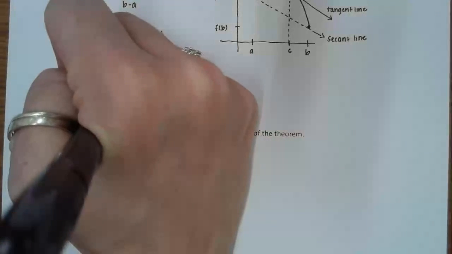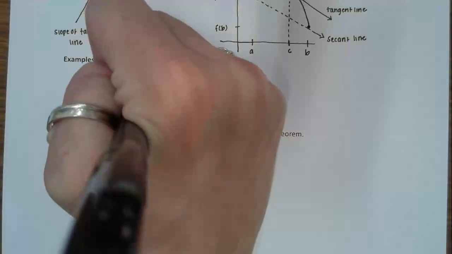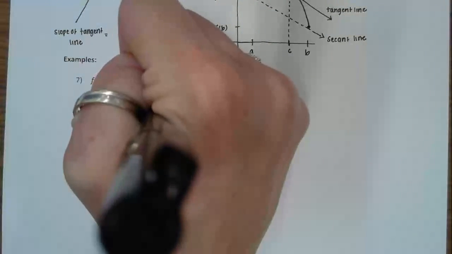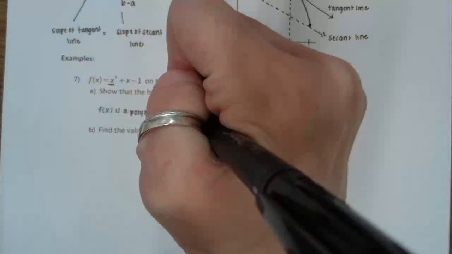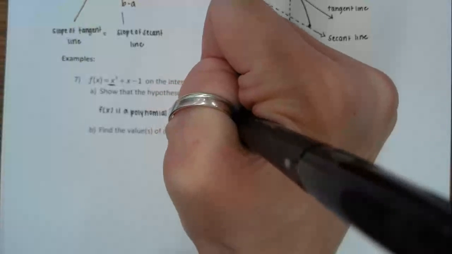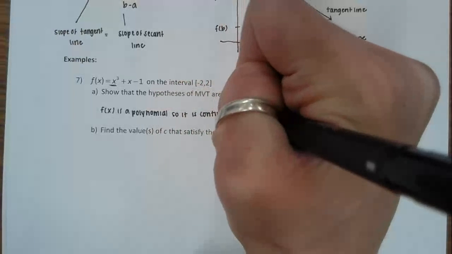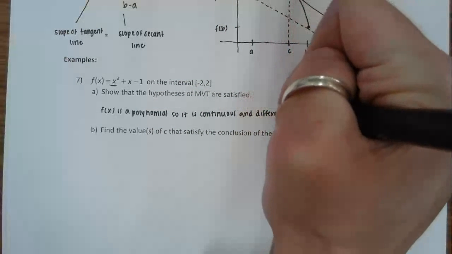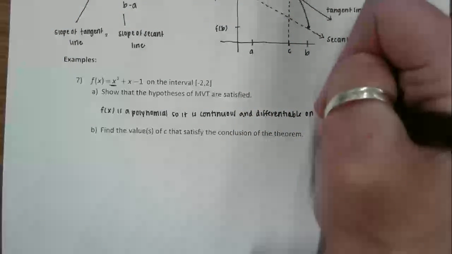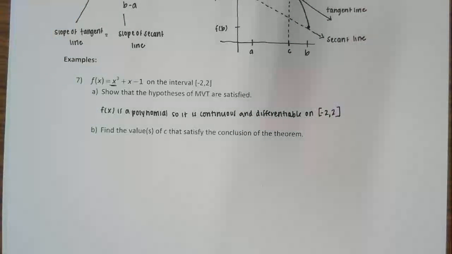So I'm going to say f of x is a polynomial, so it definitely is continuous and differentiable, and that is on the interval from -2 to 2.